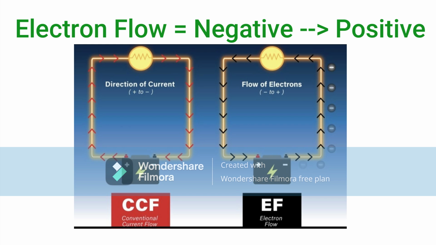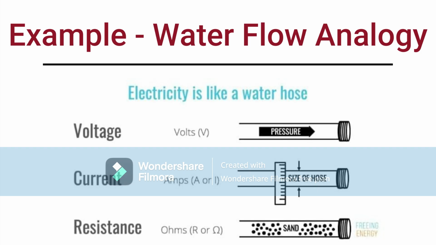Okay, so now let us see an easy example for understanding. A daily life example. Electricity can be easily understood using this example. We'll take an example of water flow. When water flows through a pipe, it can do useful work.